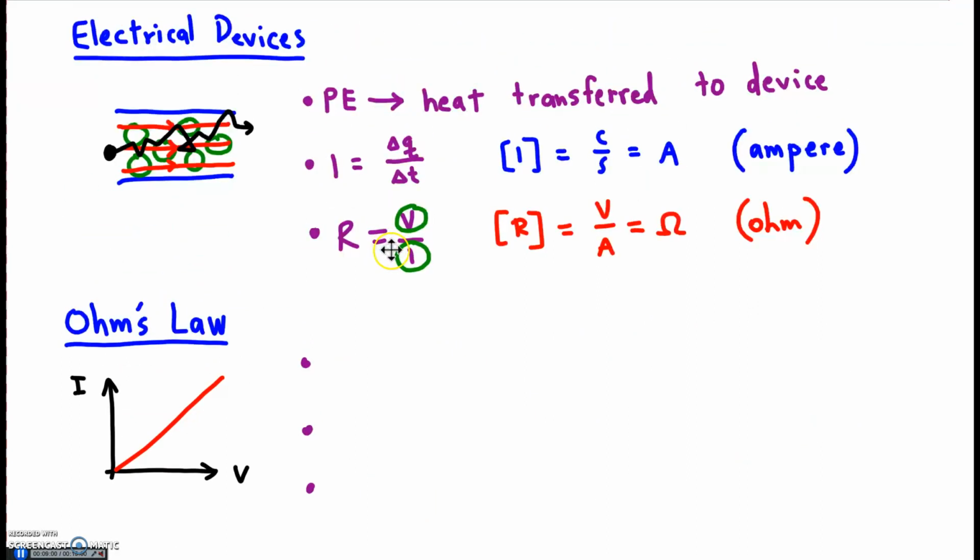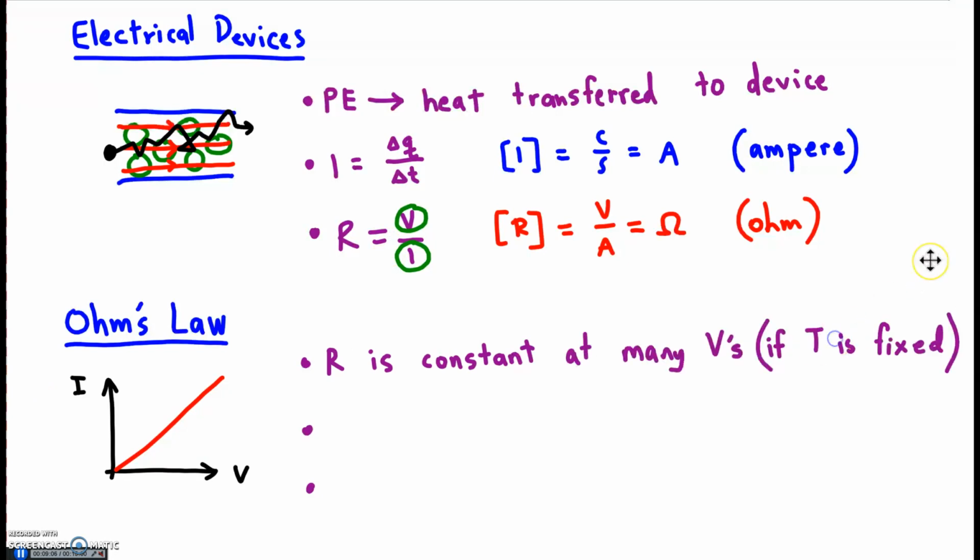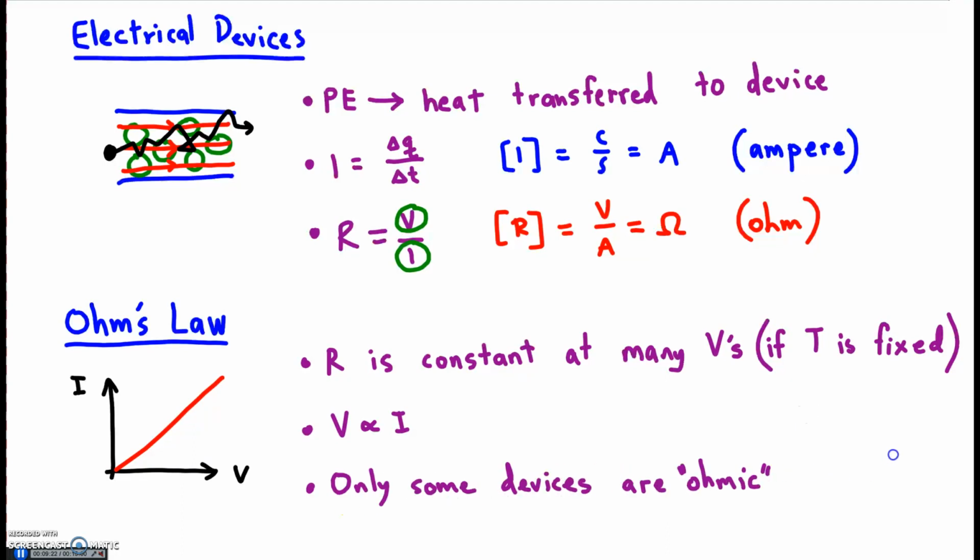Finally, we learned Ohm's law, which states that the resistance of a device is constant at many different values of potential difference, provided that the temperature stays fixed. Ohm's law says resistance is a constant, so potential difference V is directly proportional to current. And finally, we learned that this is only true for some devices, and those devices we call ohmic.